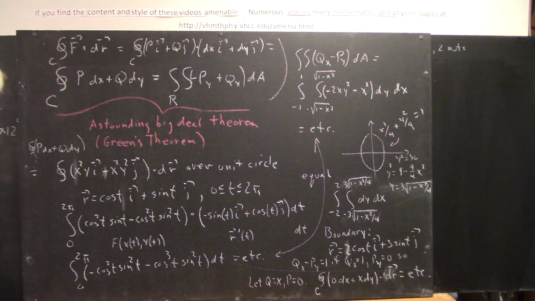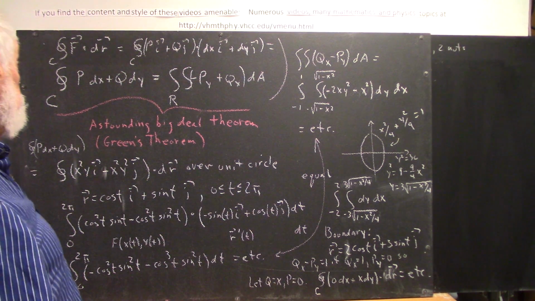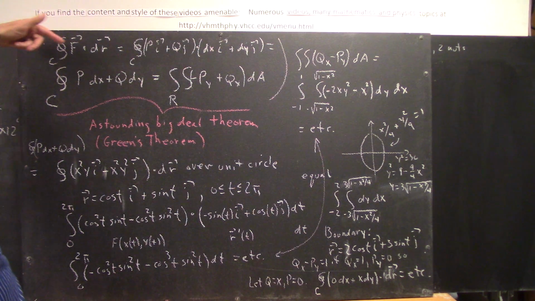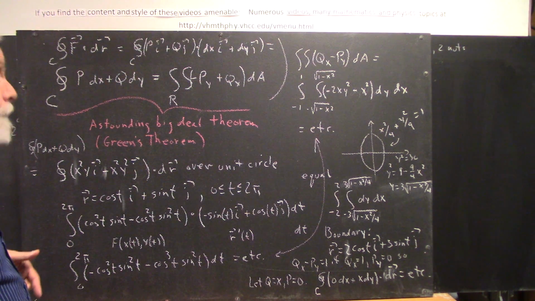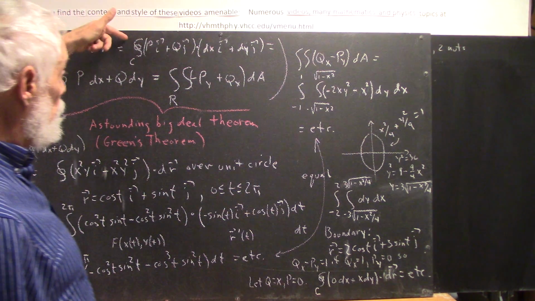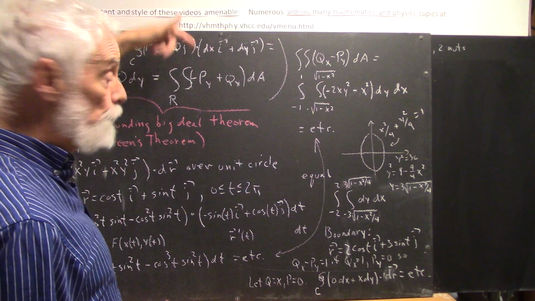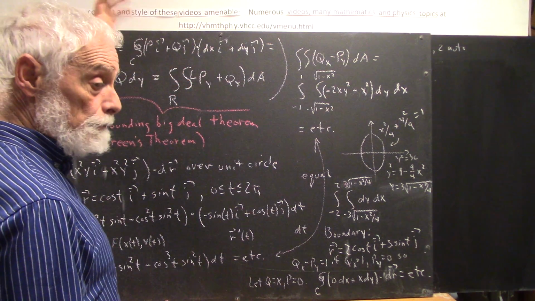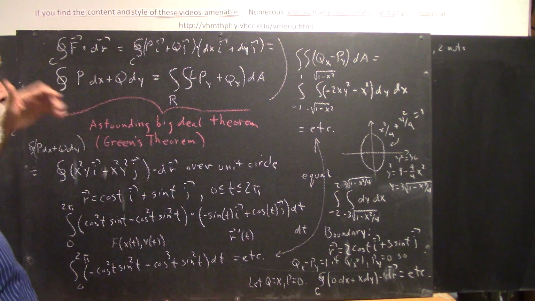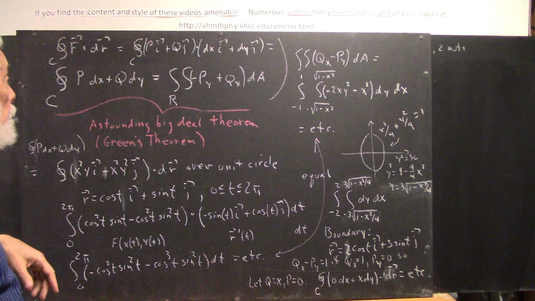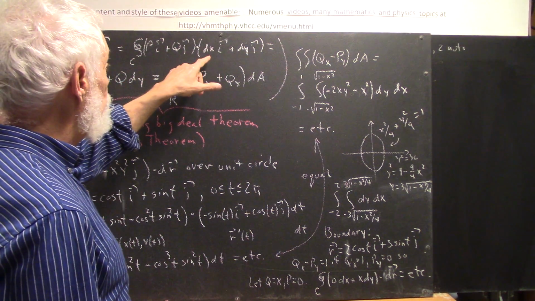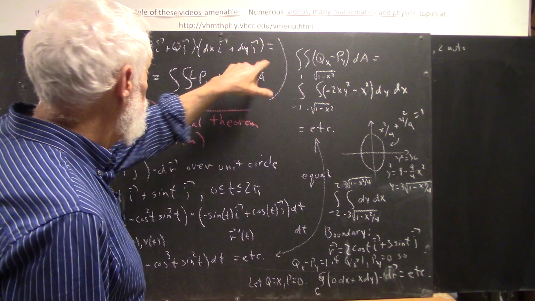Now, in terms of the numerical example we've just seen, I'm going to say that the integral over the closed curve of F dot dr, which is the integral over the closed curve of P i plus Q j, where P and Q are functions of x and y, two variables, dotted with dx i plus dy j.